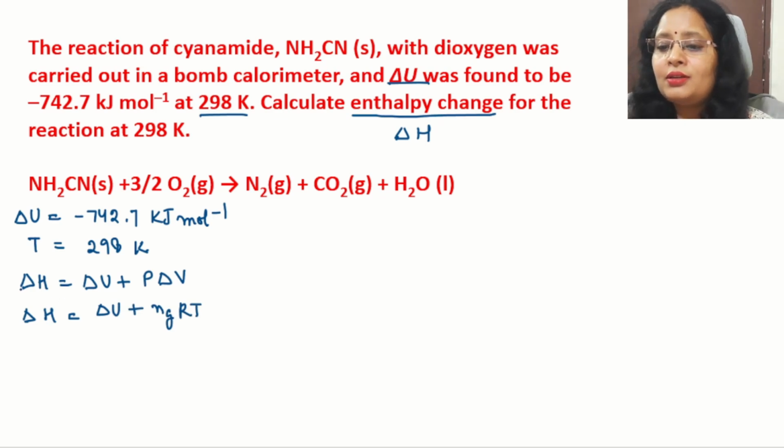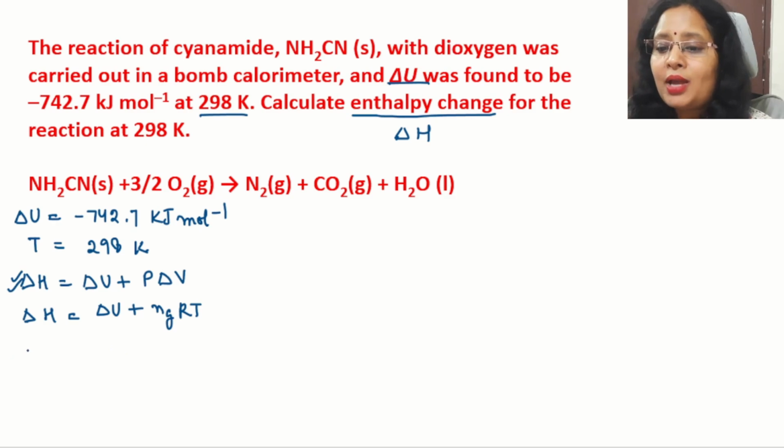So friends, we are not going to apply the first formula because we don't have pressure and volume. It is not mentioned in the question. So come to the second formula, that is delta U plus delta n g RT. We are going to apply this formula.